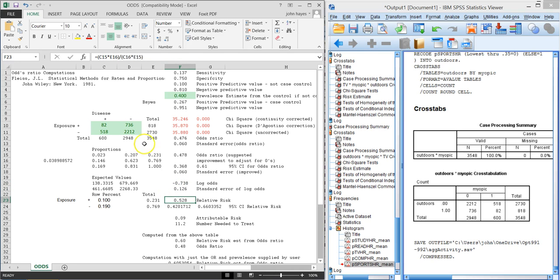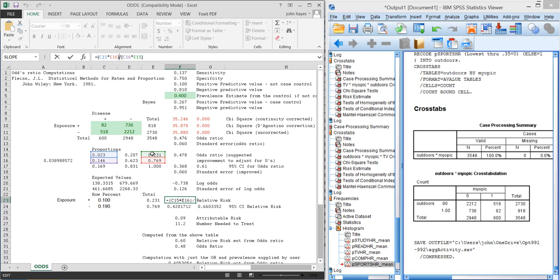Relative risk. Relative risk is just the ratio of the proportions here. So it is really the number that we're going for.